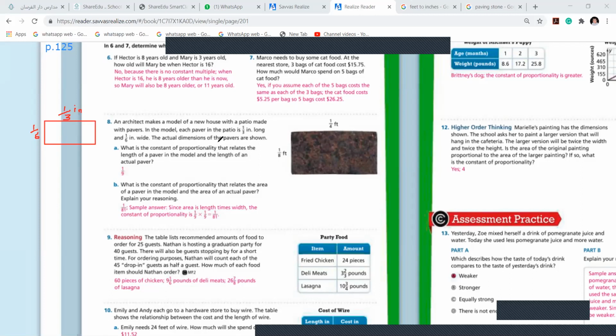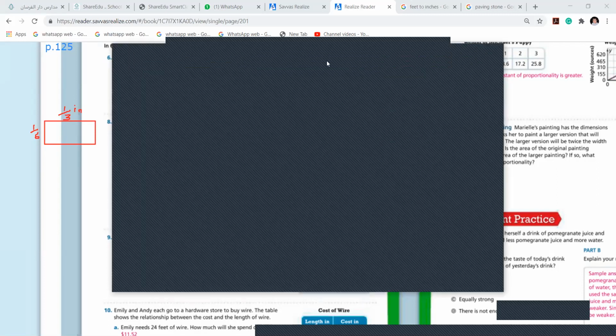They are different. This is the imaginary one and this is the real one. Now I will compare and see the proportionalities. Let me just write question number 8. Judy, please help me.